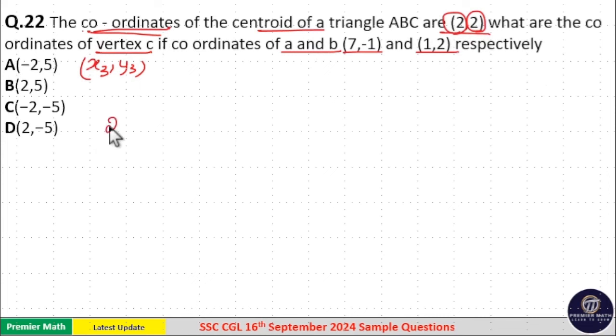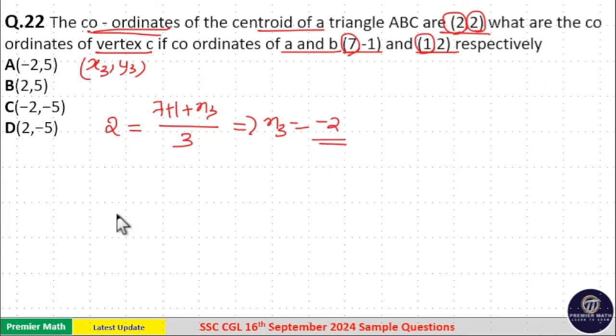That is, here 2 is equal to average of x component, which is 7 plus 1 plus x3 divided by 3. This is average. Now from this x3 is equal to 2 into 3 is 6. 6 minus 8 is equal to minus 2. So x3 is minus 2. Now average of y component is 2.